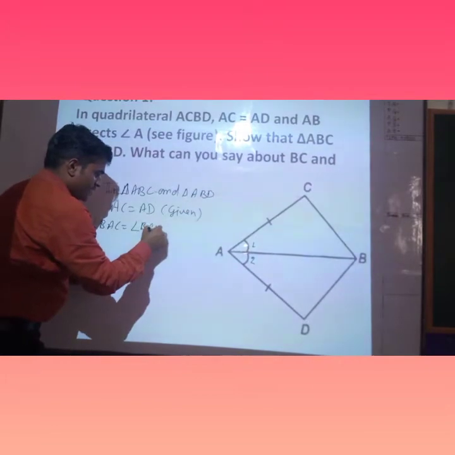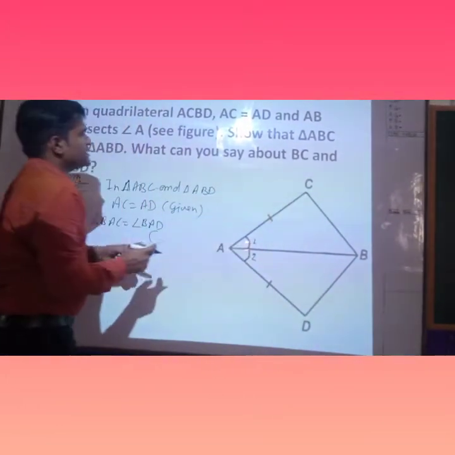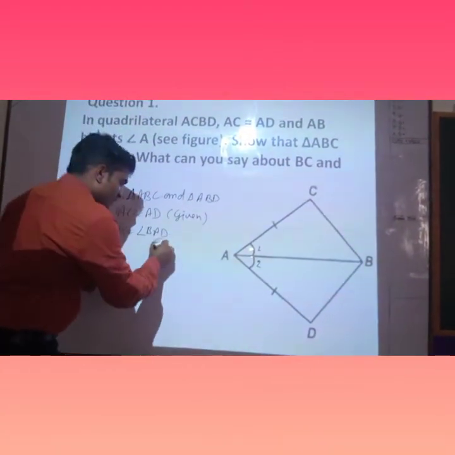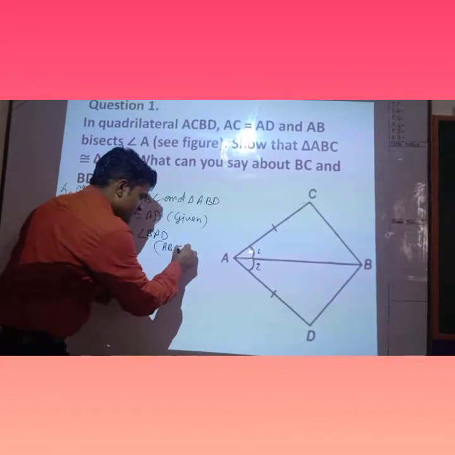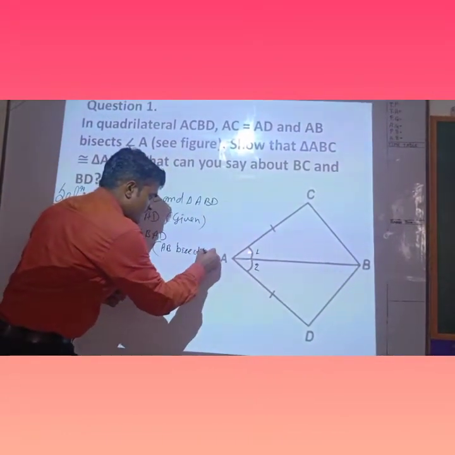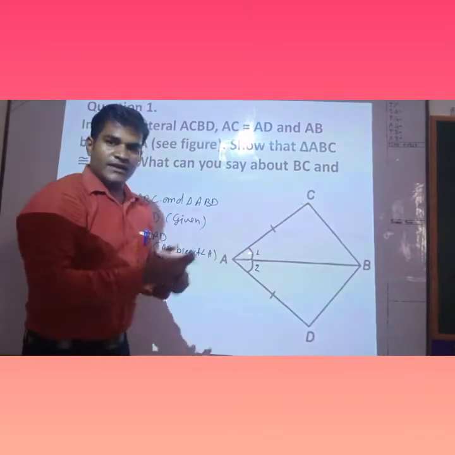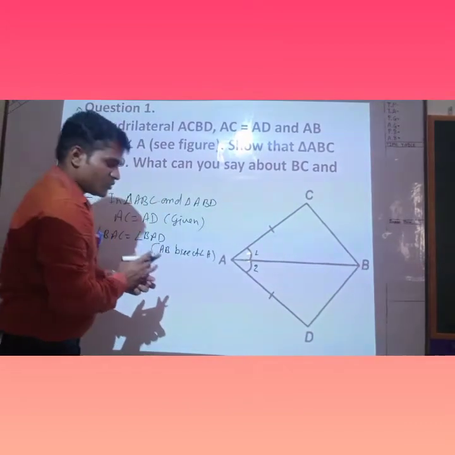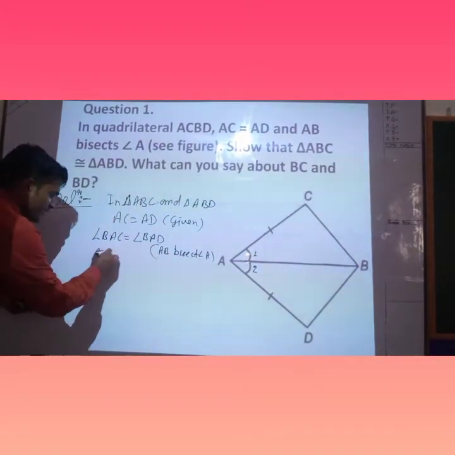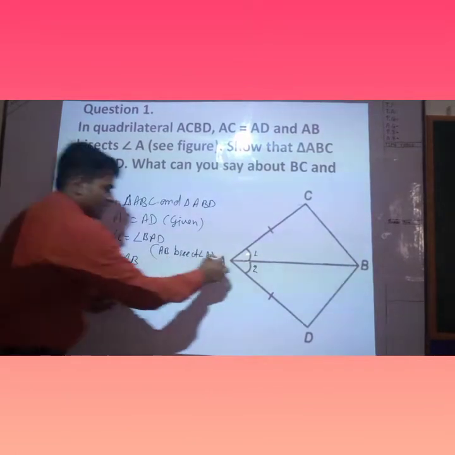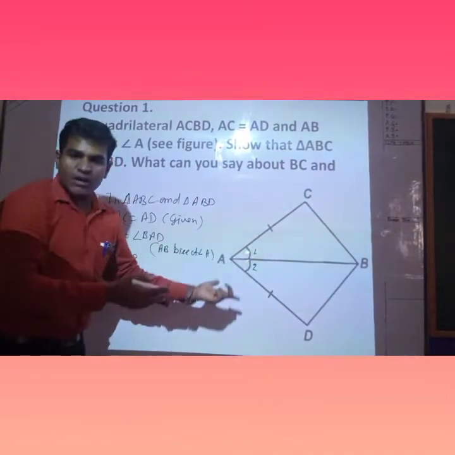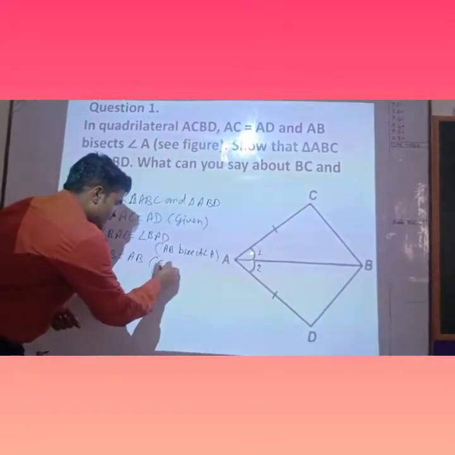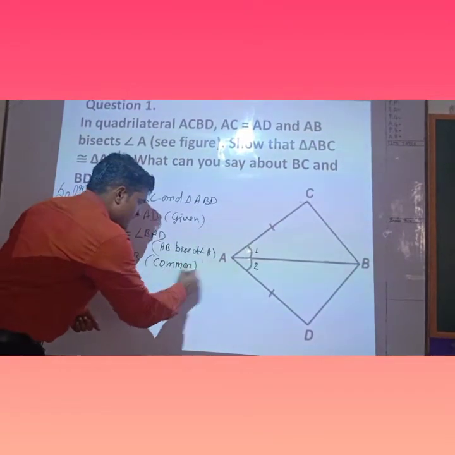Why are these two angles equal? Because side AB bisects angle A. If AB bisects angle A, it means both angles made after that are equal. Now, children, AB is equal to AB, which is common for both triangles ABC and ABD. So you will write common side.